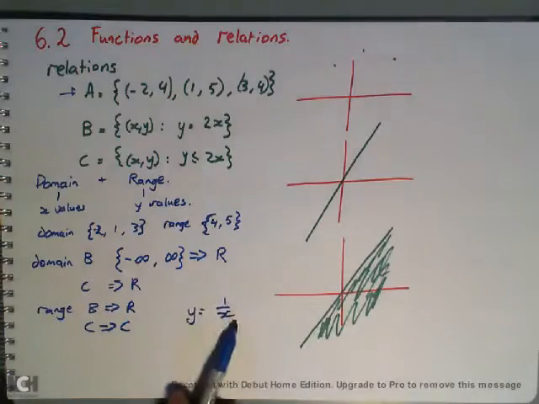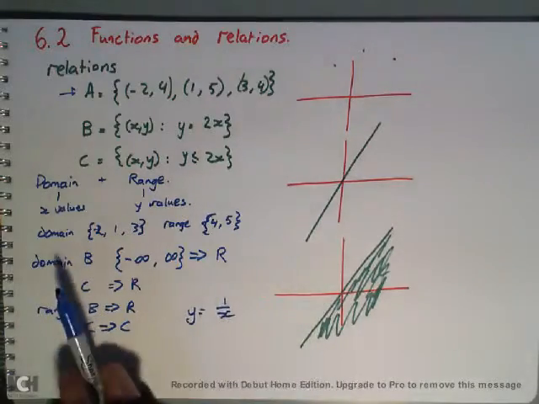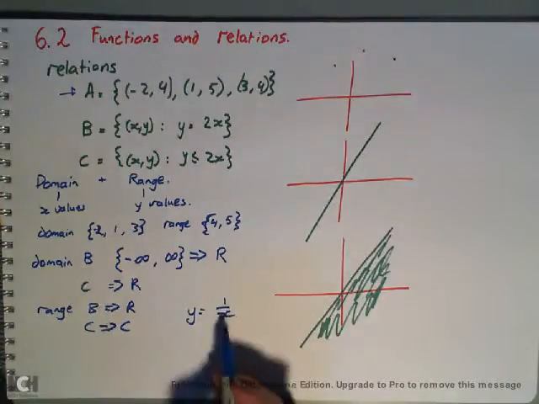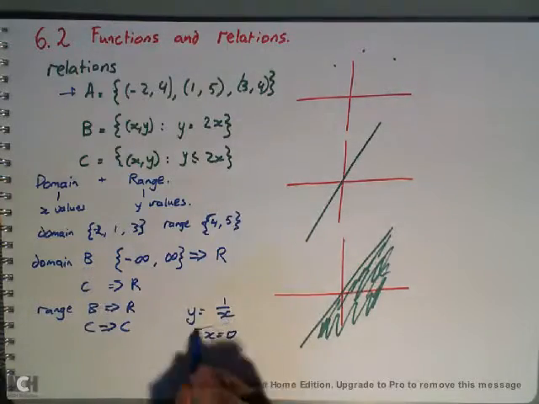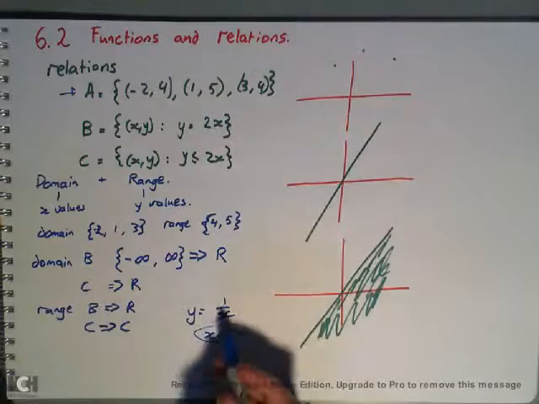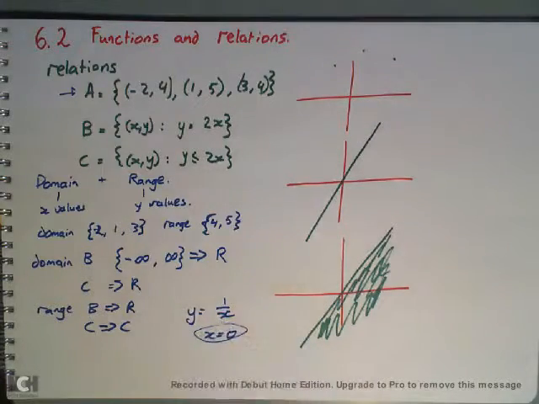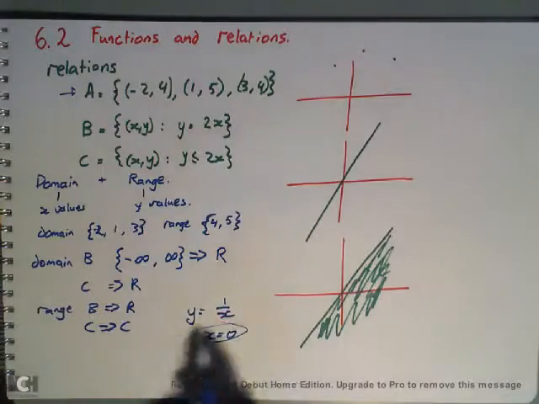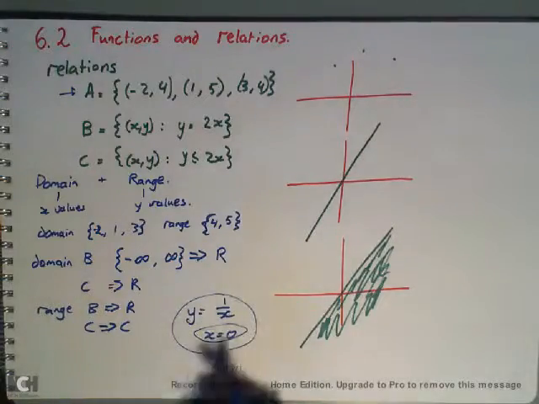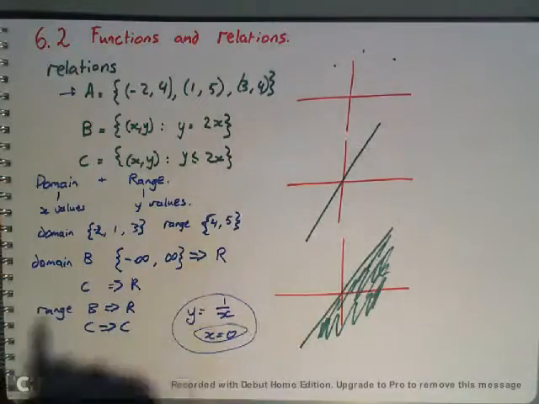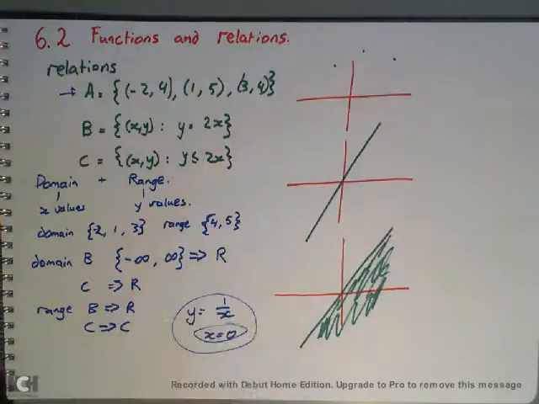It wouldn't have a domain of R because we can't include x equals 0. Why is that? Because we can't divide by 0. At that point we have a missing spot. We'll be going through that example in chapter 1, so just keep that in mind. Most equations will have domain of R.